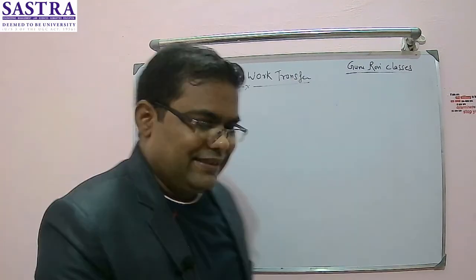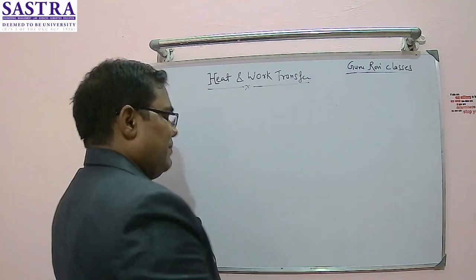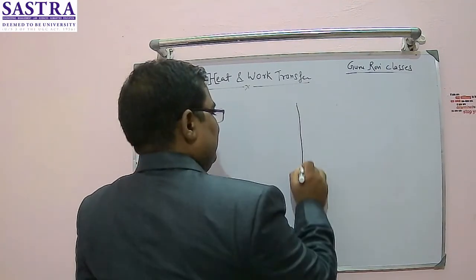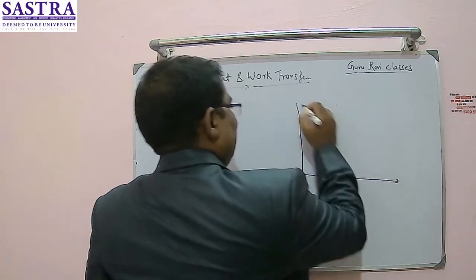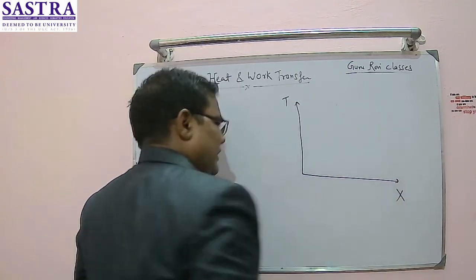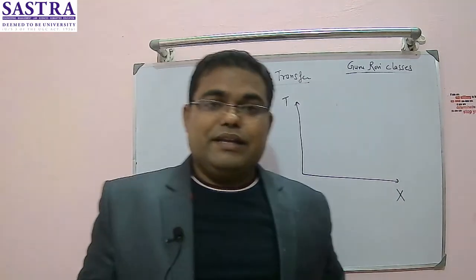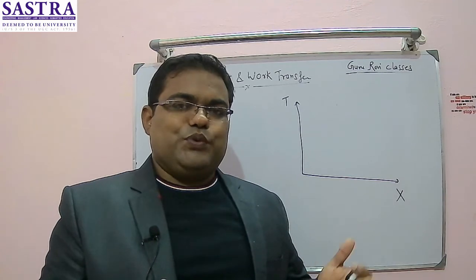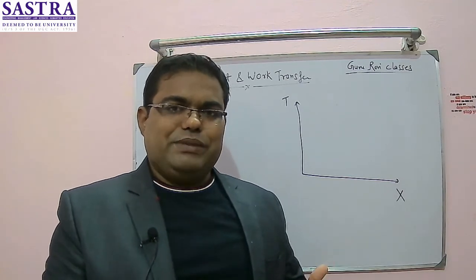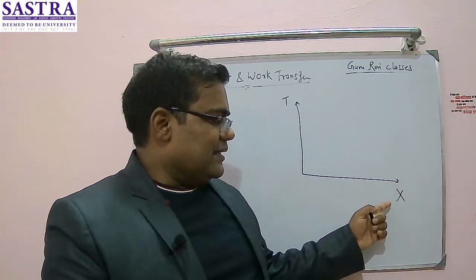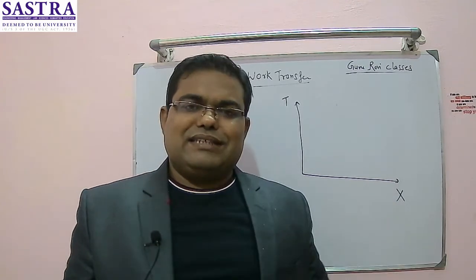Usually, I said, whenever there is a temperature difference, there will be heat transfer. If I want to represent that here, this is temperature and some property change takes place here that we cannot define yet. Basically, due to the heat input and output, there will be an entropy change. As we have not discussed entropy till now, I am representing it by some factor called x, that is going to vary.